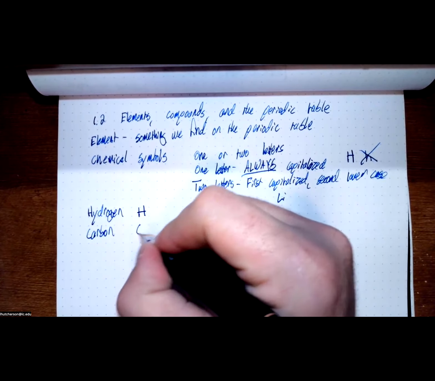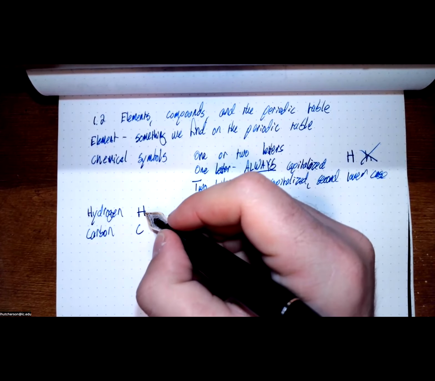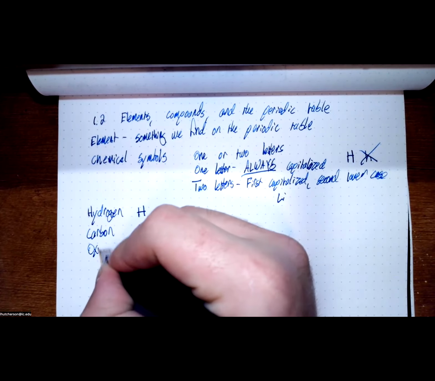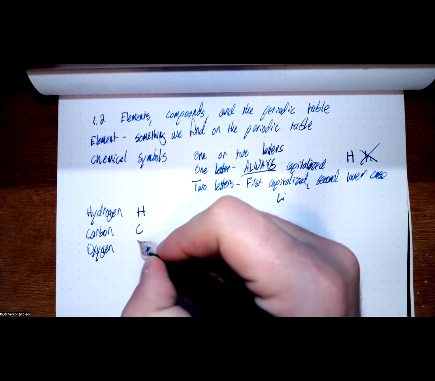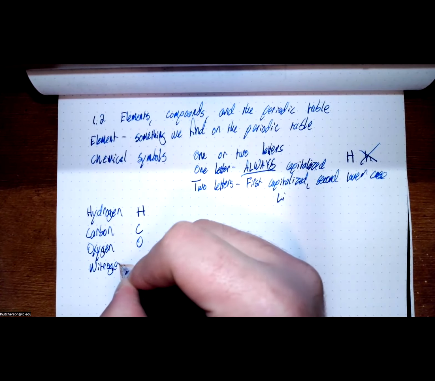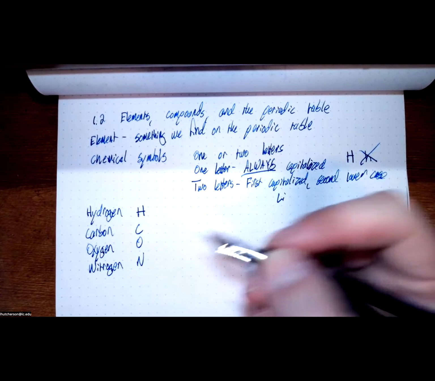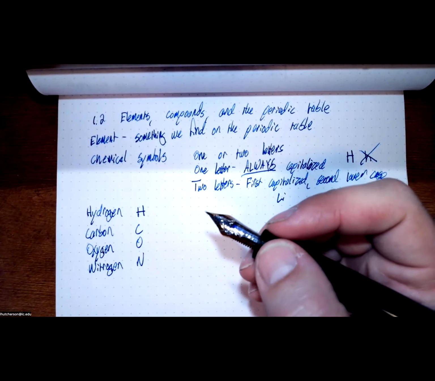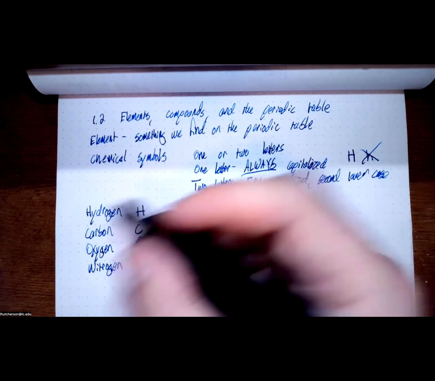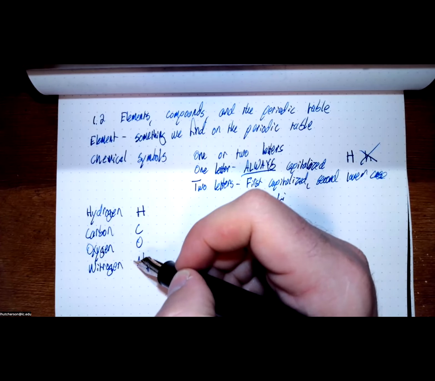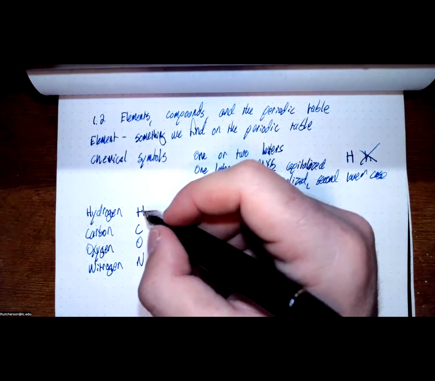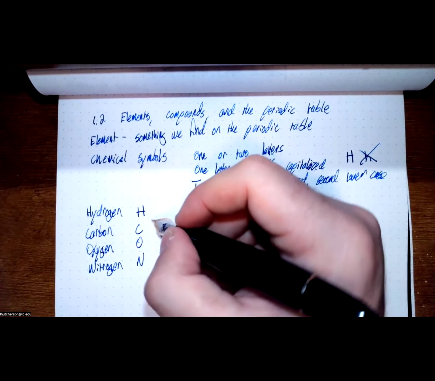Carbon has a symbol of C. There again, capital H, capital C. Oxygen is O. Nitrogen is N. Those are some of our biggies. Those are some of the most plentiful elements around. They are also the most plentiful ones in your body.